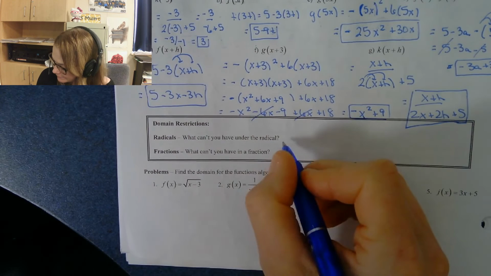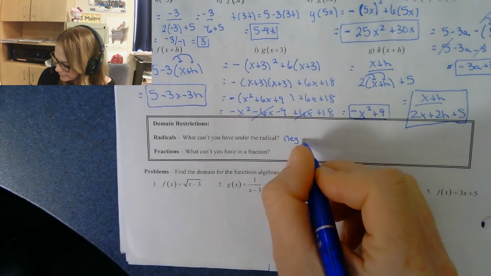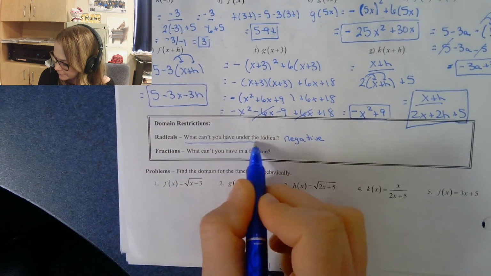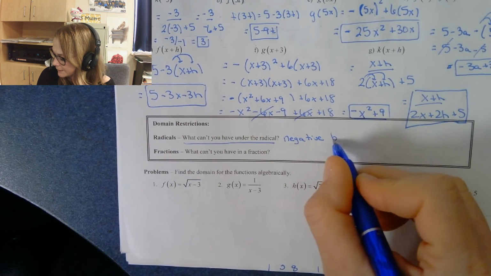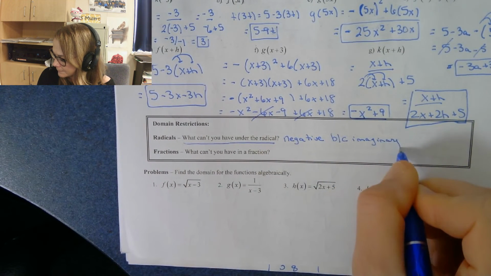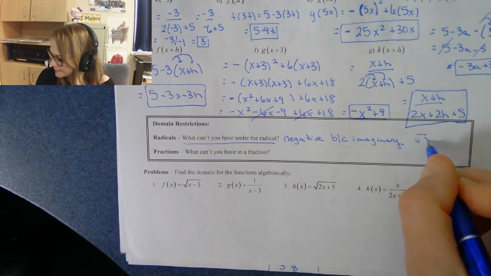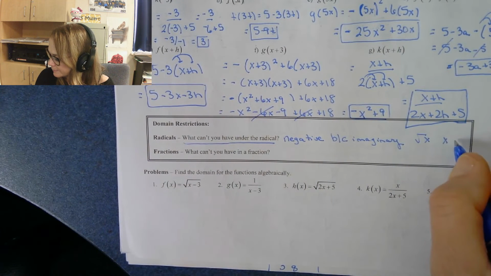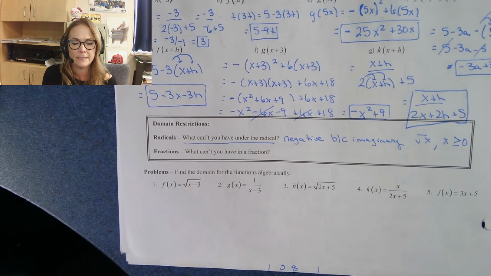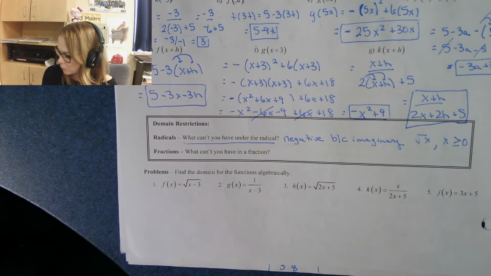We can't have a negative under the radical. What can't you have under the radical? Negative, because it's imaginary. So if you have root x, x needs to be positive and 0 is okay. Whatever's under the radical needs to be positive or 0.